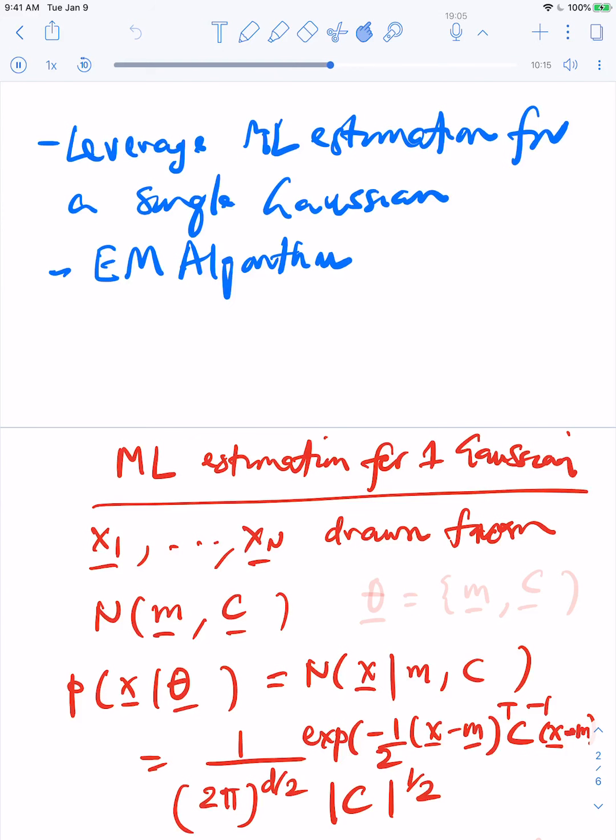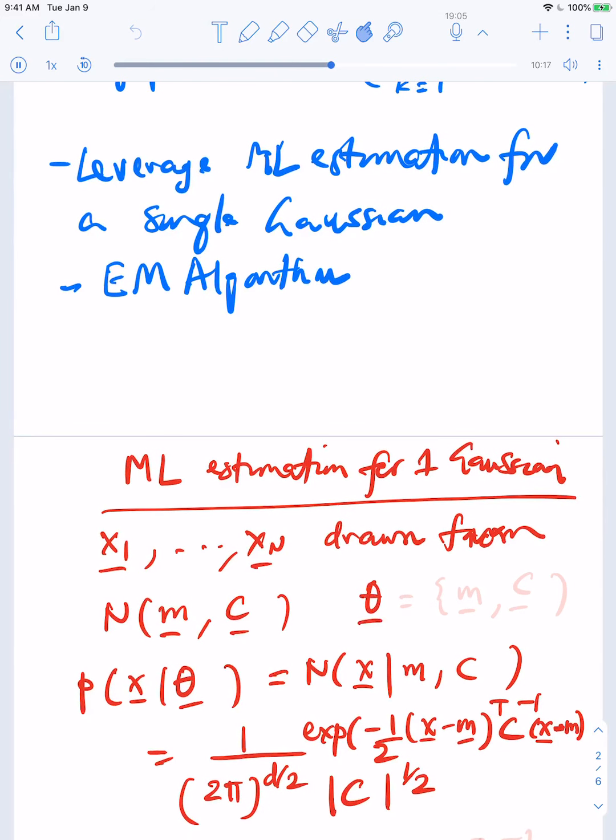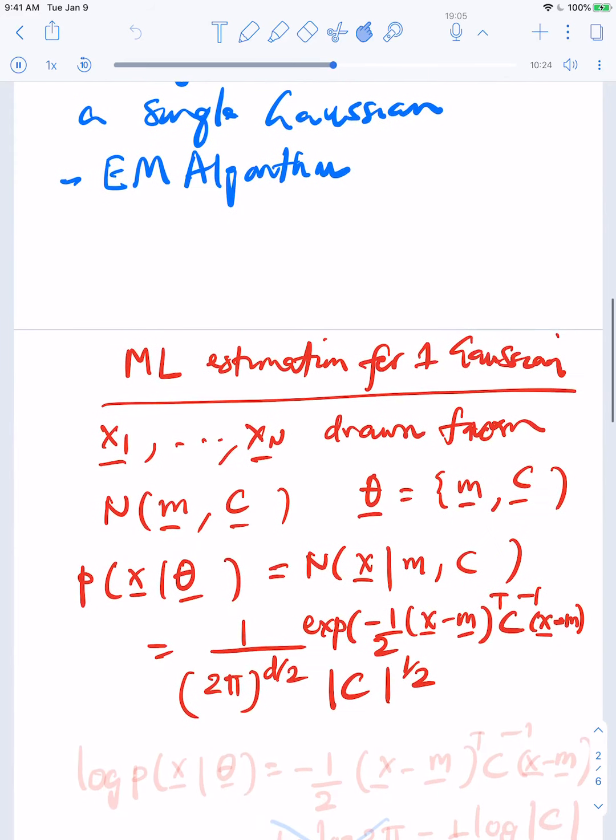Right, so my parameter theta that I want to estimate is of course the mean vector and the covariance matrix.